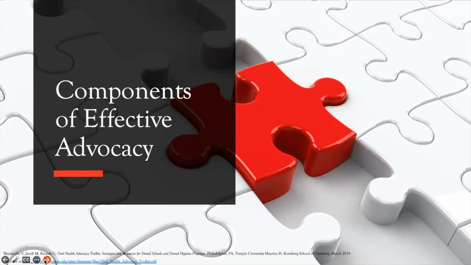You may only do 3 or 4 components. Some may have enough resources and time to follow all 9, which definitely will be more effective. But you can do whatever you can, with at least 2 or 3 components that best fit your cause.